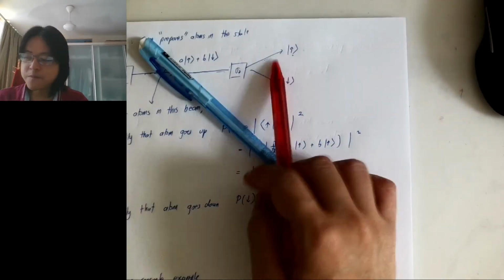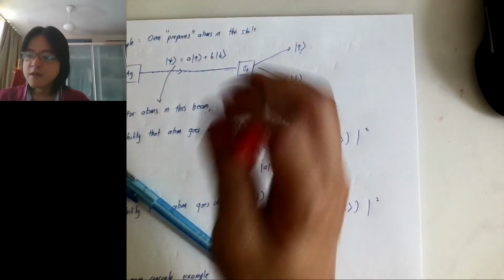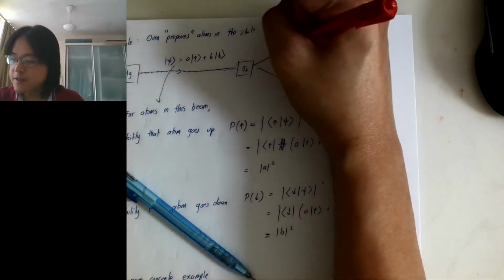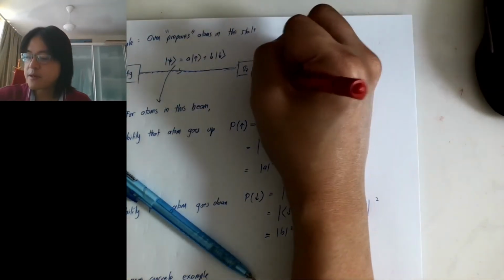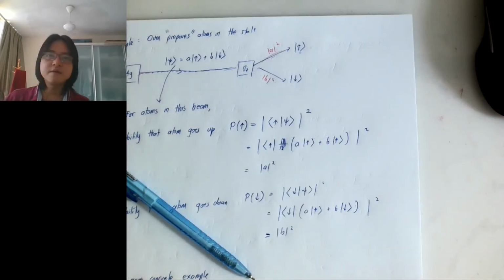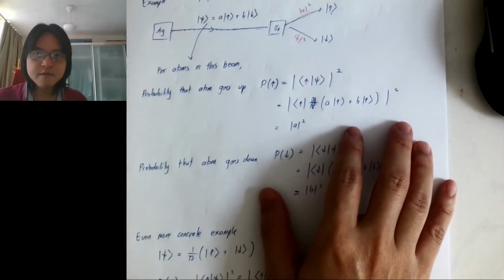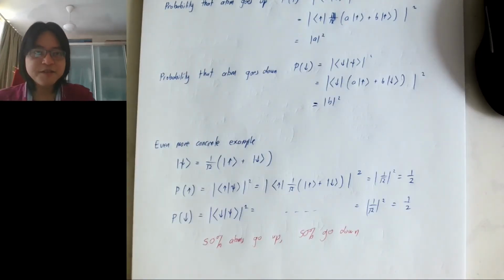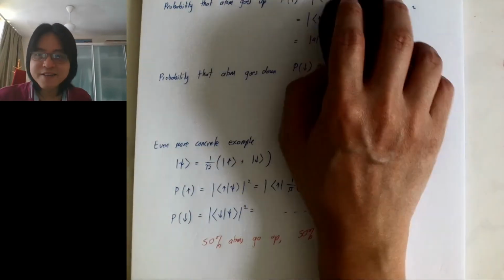Now you know what is going on. This is the full beam, and for this example this proportion comes here, this proportion comes here. Hopefully that makes sense. Does anyone have any question? I think it's probably time for a break.